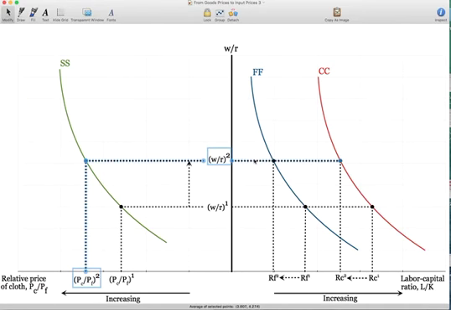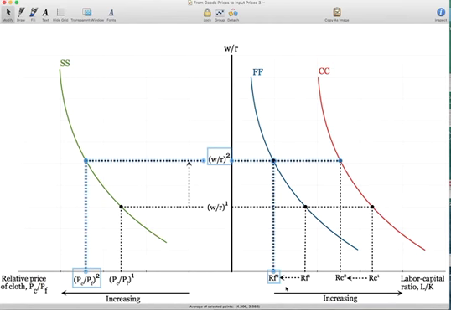If we follow that over until we hit the FF curve, which represents the food production, we end up seeing what occurs. We see that the labor capital ratio in the food sector decreases. Why?